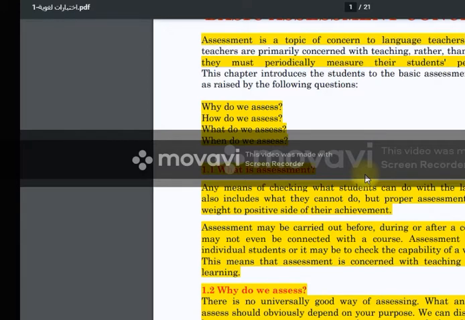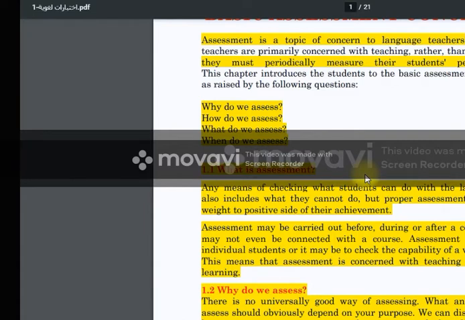This means that assessment, as a concept, deals with the way and the main procedures followed by the English language teacher in order to check his students' performance, as I told you, in a specific period of time and in a previously taught teaching material.